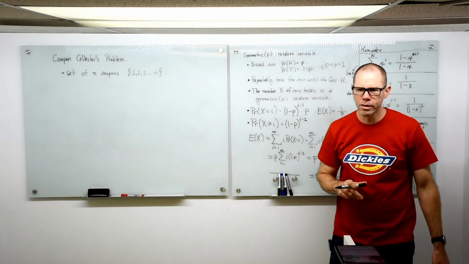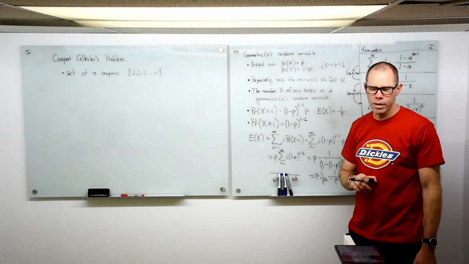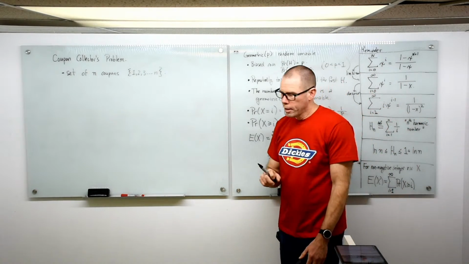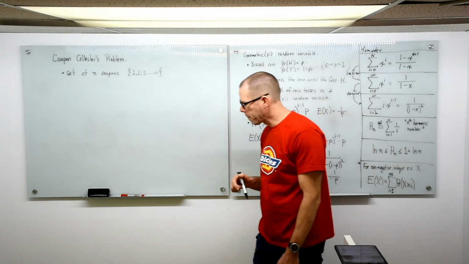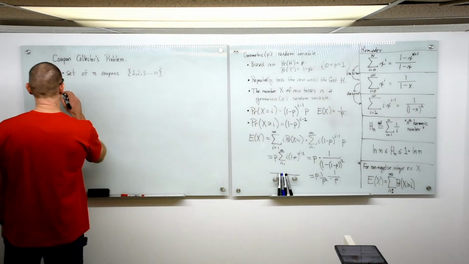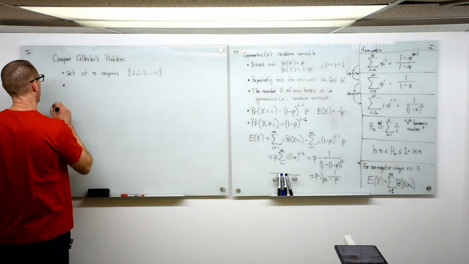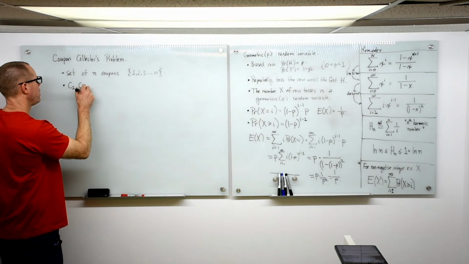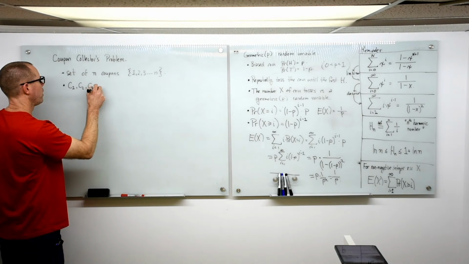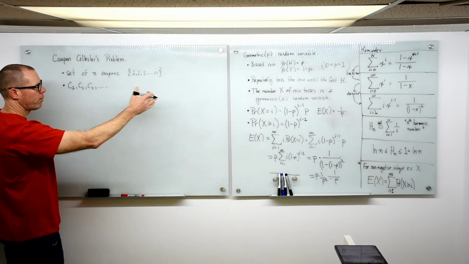As far as the math is concerned, it might as well be integers that you're collecting, not toys. So you have a set of n coupons, and let's say C1, C2, C3, and so on, all the way up to infinity.